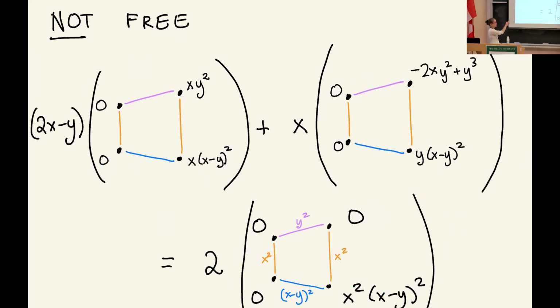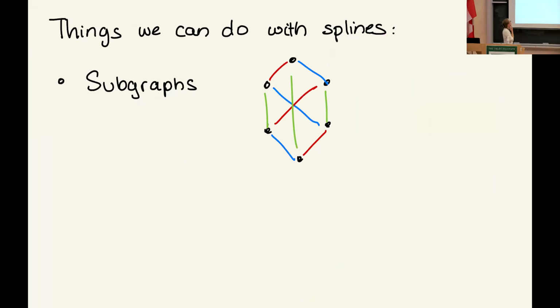And here's the calculation whereby you can see that there are relations amongst these generators. From the analytic splines perspective, this is the common phenomenon, not really the unusual phenomenon.